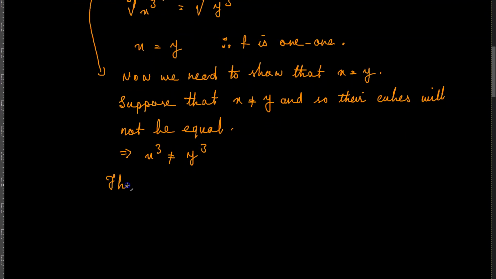So this is a contradiction. Therefore what we assumed here was wrong, meaning that the assumption that we made was not true. So basically the logical opposite of this is going to be true, which means that x is equal to y. And therefore f is injective.